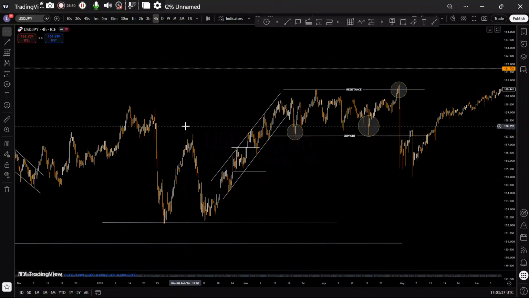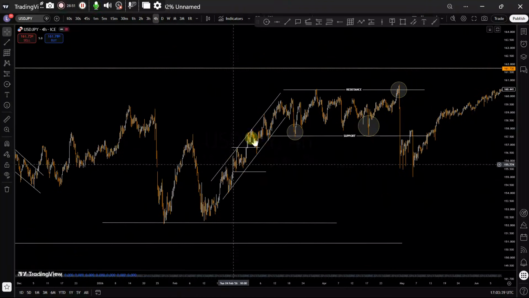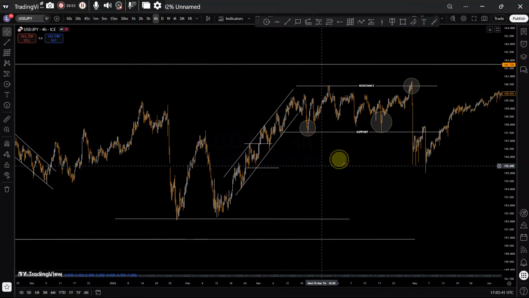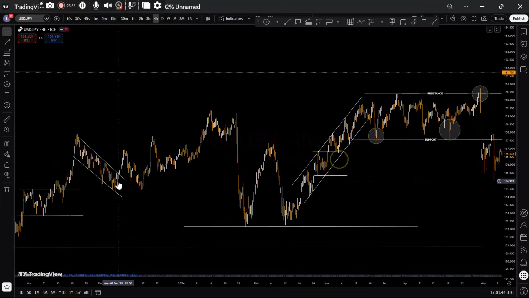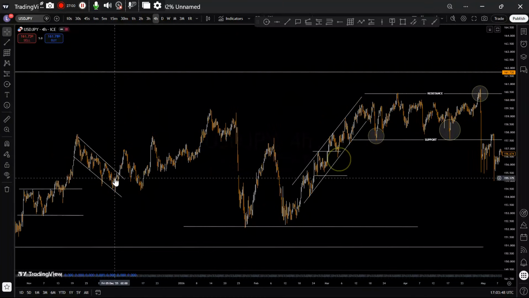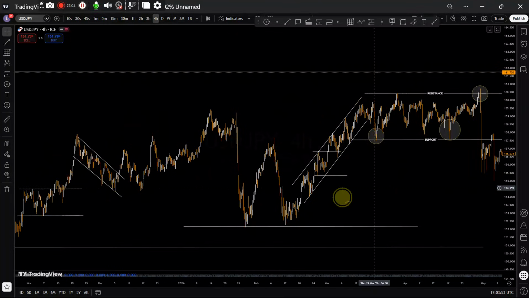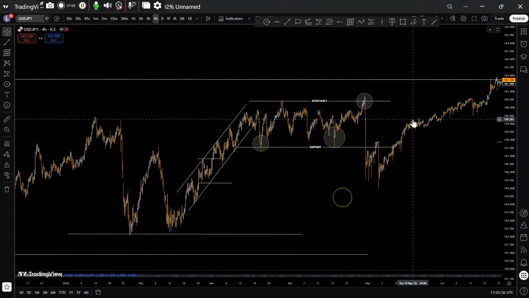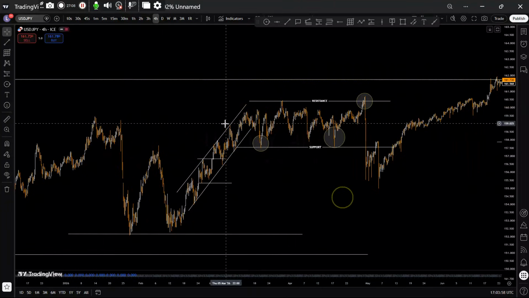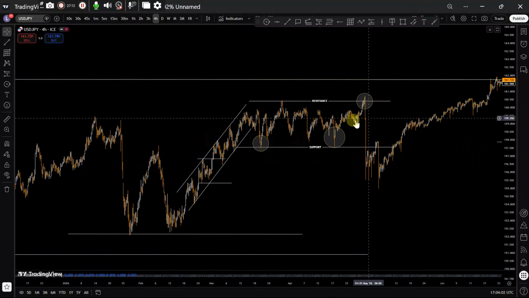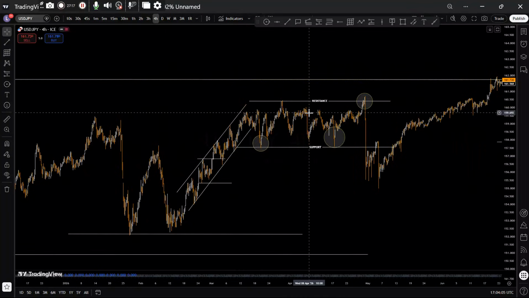Don't mark your support and resistance against the trend. You saw the way I marked this one because it's trending up, and you saw the way I marked this one. If you see the market coming down, a bearish market, respect the trend and mark your support according to the direction of the trend. If it's going up, mark your support according to the direction of the trend. If it's ranging, mark it according to the view of the market that is ranging.